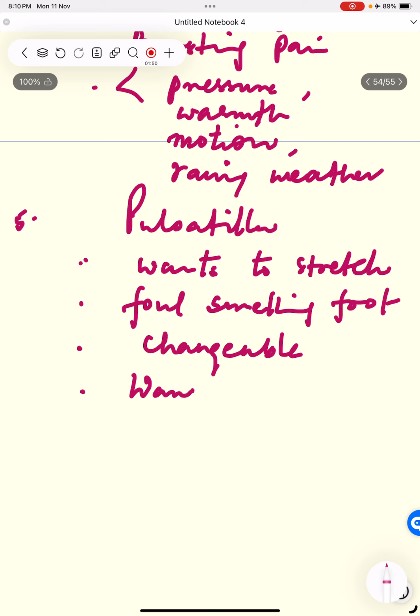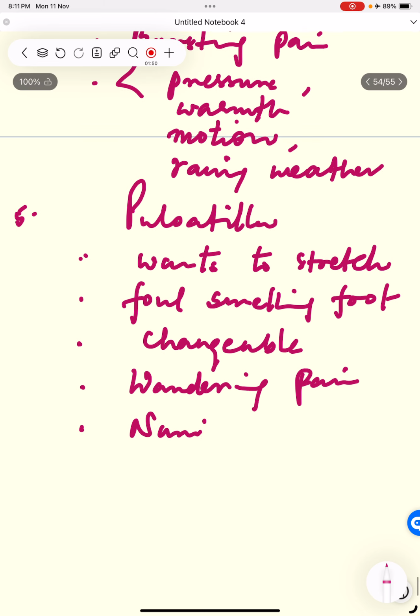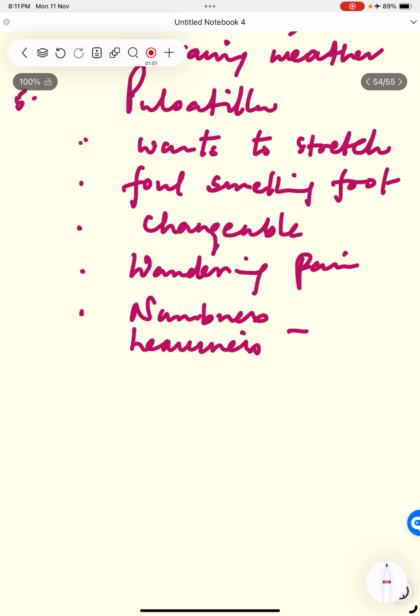So there are wandering kinds of pains. The patient will tell you different locations of pain, different types of pain. They can have associated numbness or heaviness of limb parts, whichever are laid on.